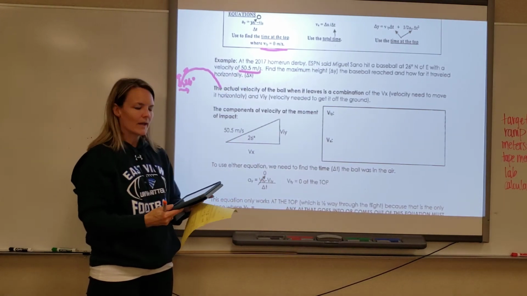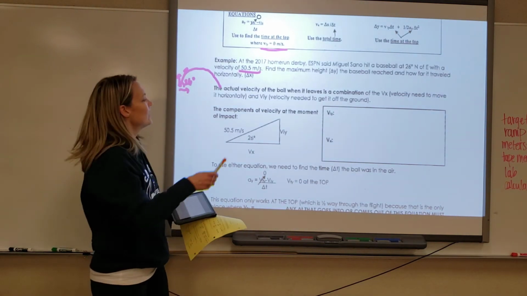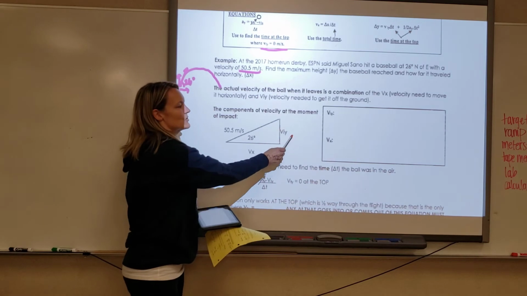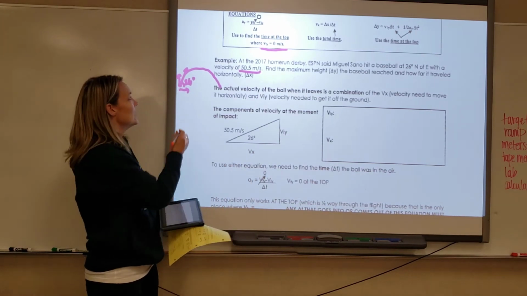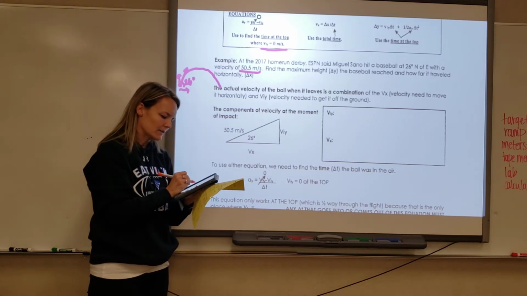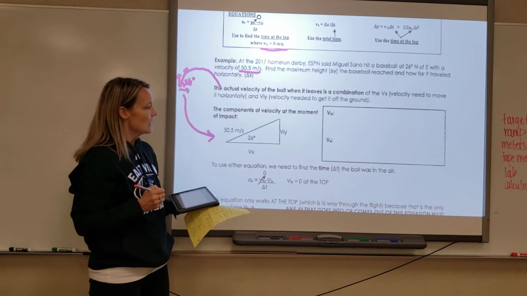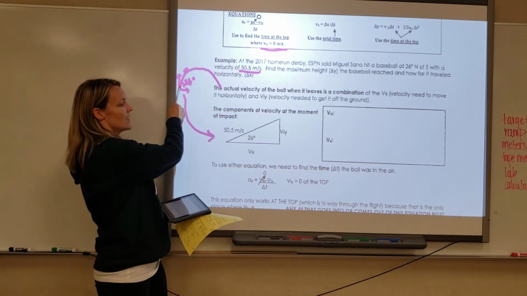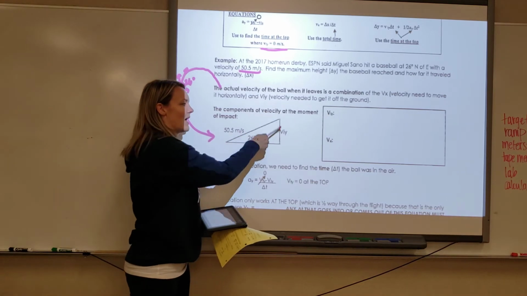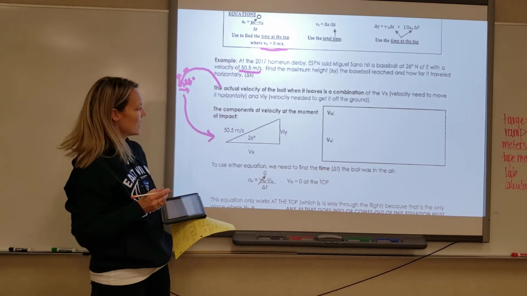What we have to do is use trig to break apart how much of the velocity is in the y direction and how much is in the x direction. So at this moment of impact, we can turn it into a triangle. The baseball doesn't move in a triangle. We are just taking one moment of time and using the triangle to solve for and break apart the different velocities.